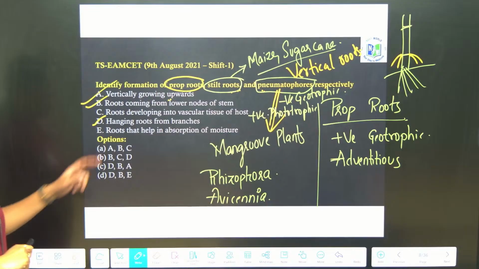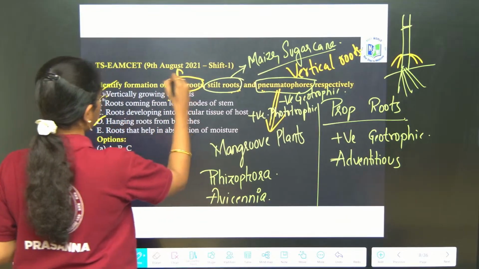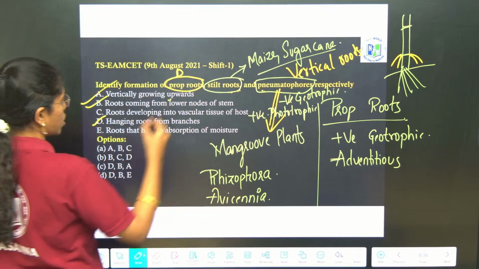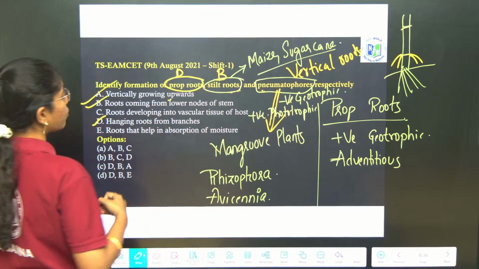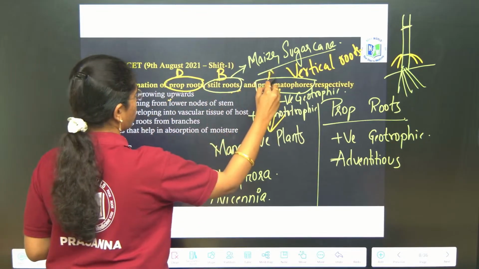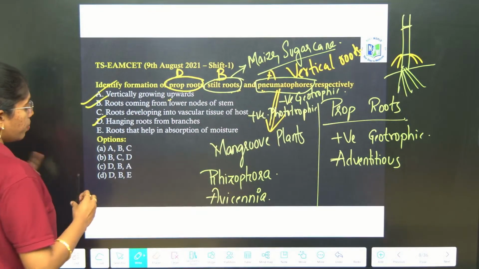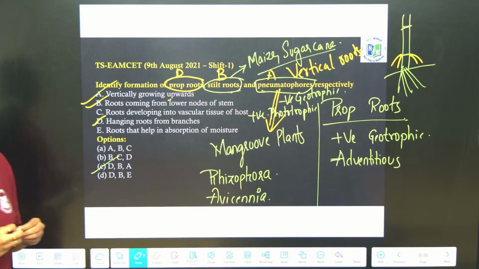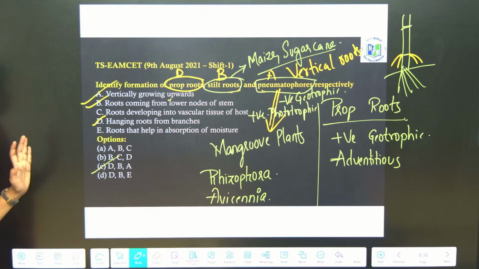So, for prop roots it is option D, for stilt roots it is option B, and for pneumatophores it is option A. So, it is D, B and A. Option C will be the right answer over here. If you want, you can take a screenshot of this, where the complete explanation will be in your hands.